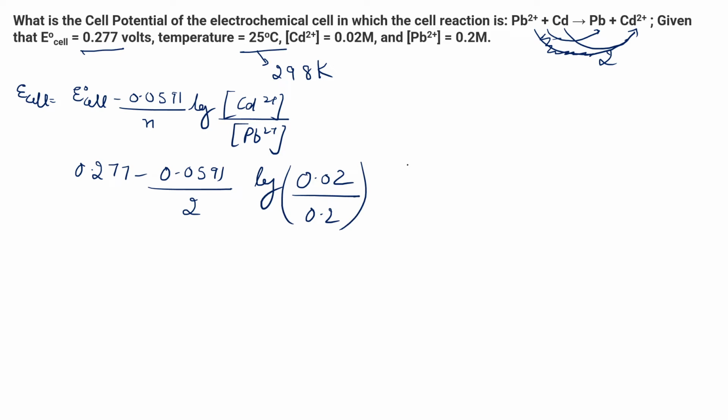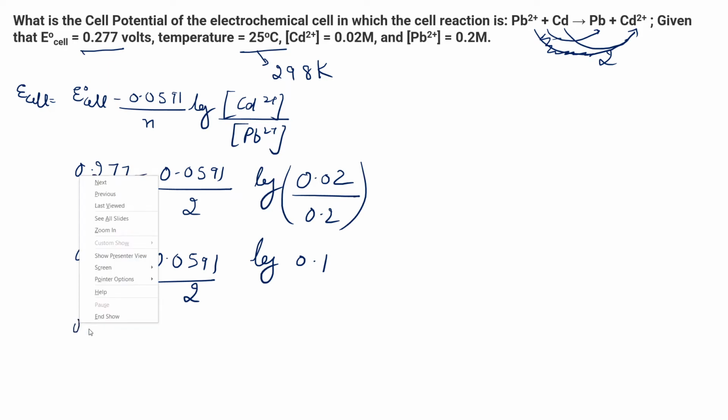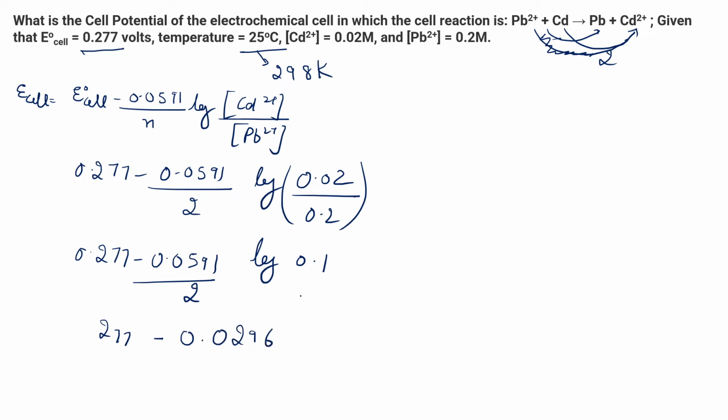So solving the following equation, we will be getting log of 0.1, 0.277 minus 0.0591 by 2, or we can write 0.277 minus 0.0296. Log of 0.1 will be minus 1.